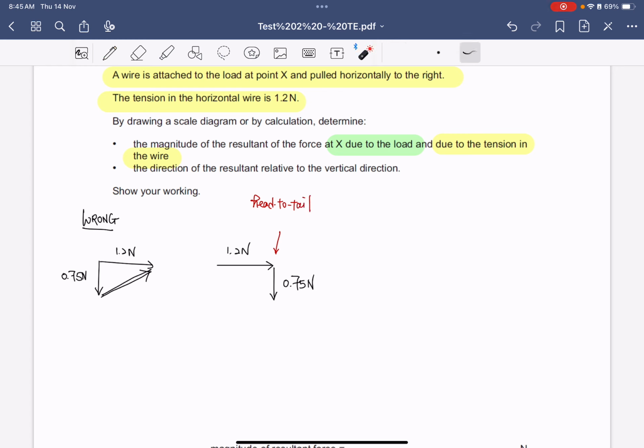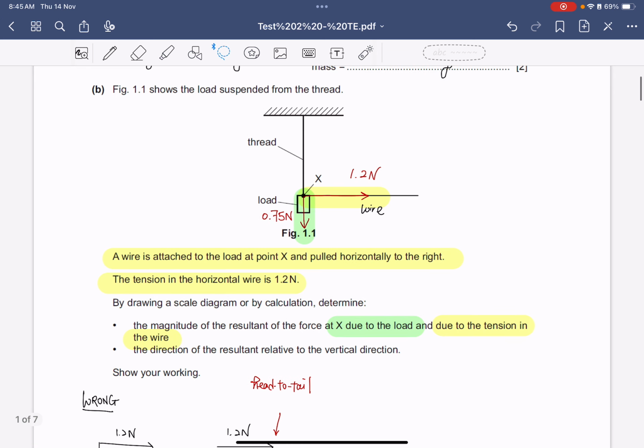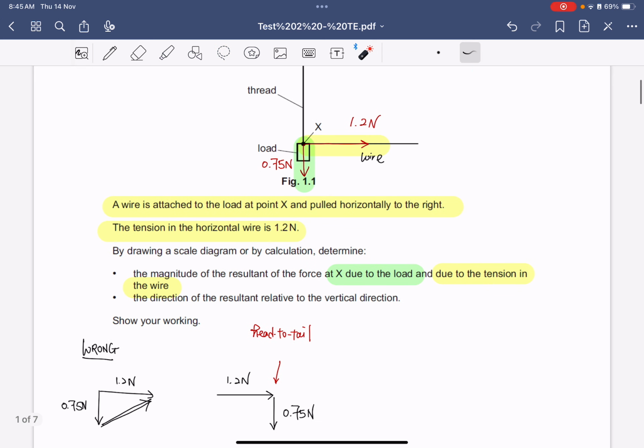Now some students, when they come to talk to me, have no idea that we can freely move this 0.75 anywhere we want. They kind of think, well, I know this is 0.75, it's there, but they do not know that they are actually free to move this force anywhere they want.